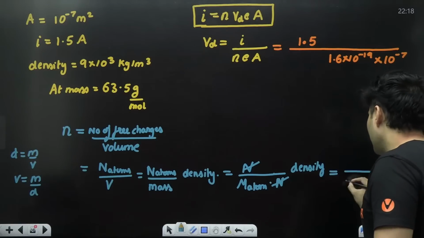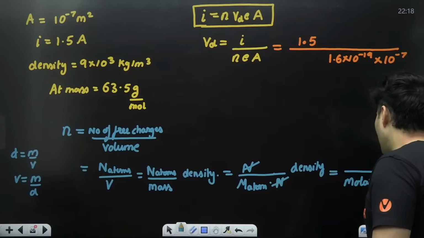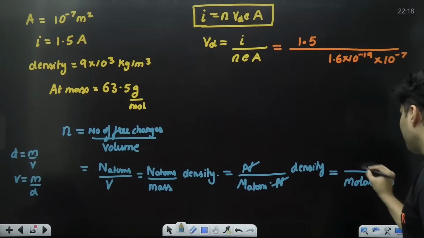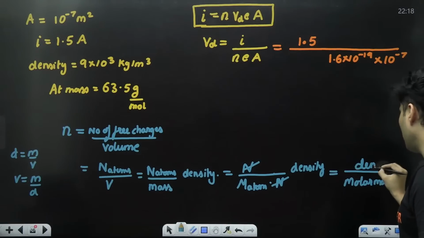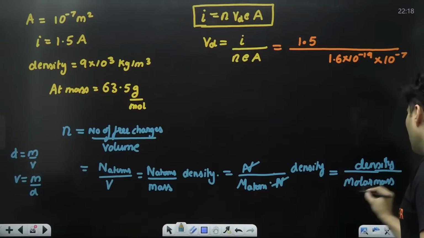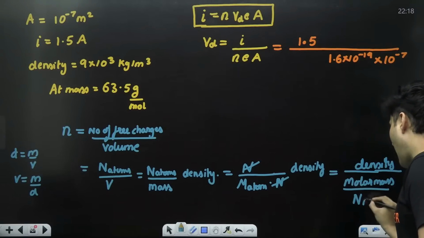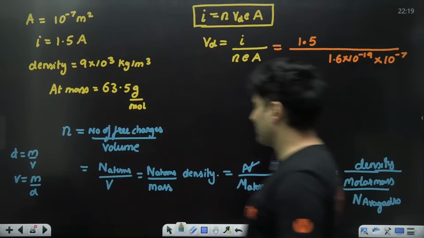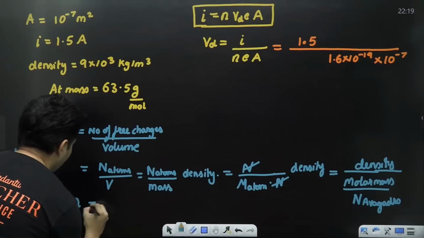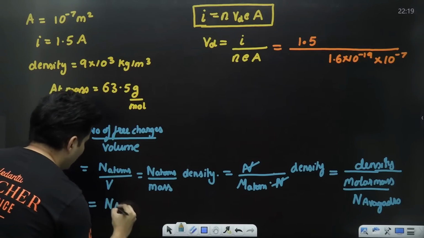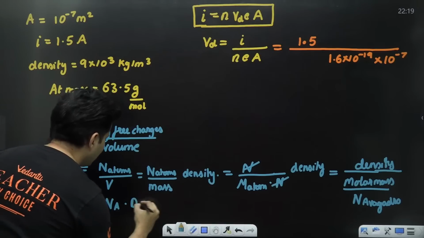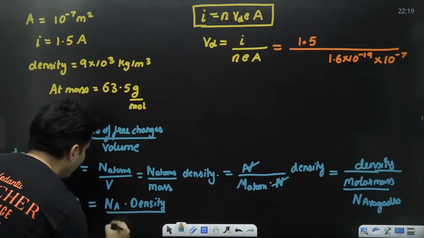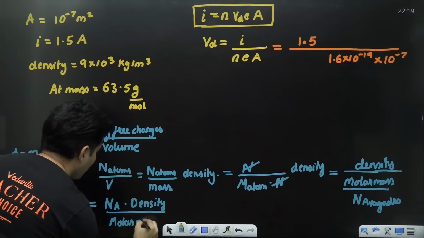That will be nothing but your molar mass divided by Avogadro number. So hence this small n becomes Avogadro number multiplied by the density, whole thing divided by the molar mass. That's it.